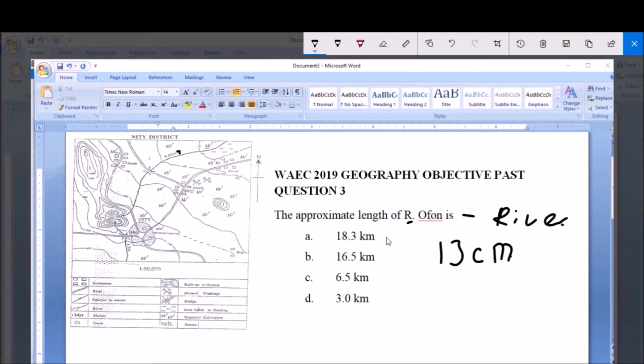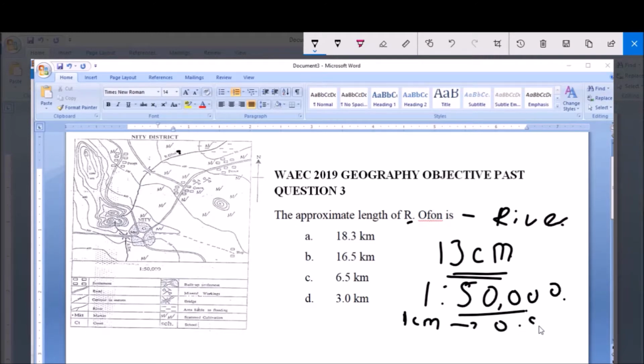After getting your length, you use the scale given to you, which is 1 is to 50,000. In statement form, 1 is to 50,000 means 1 centimeter on the map represents 0.5 kilometers on the ground.